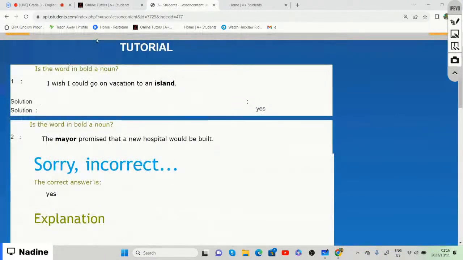All right, so if we look at the word in bold, which is island, we need to say, is the word in bold a noun? I wish I could go on vacation to an island. And the word island, can we basically say that that word is a noun? Island. Is island a noun?